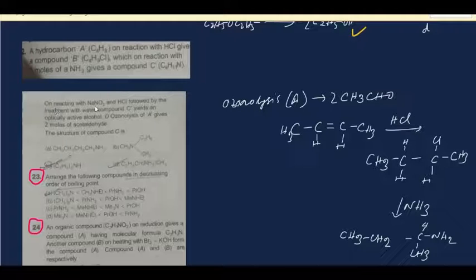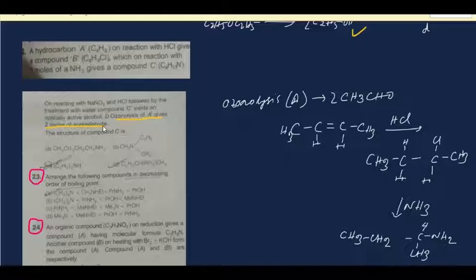On reacting with NaNO2 and HCl followed by treatment with water, compound C yields an optically active alcohol D. Ozonolysis of A gives 2 moles of acetaldehyde. The structure of compound C is, so we can take the last statement to get into the answer. It says that ozonolysis of A gives 2 moles of acetaldehyde.